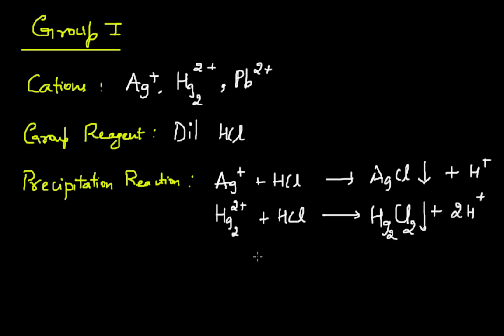So again, this is also your white precipitate, and so is with Pb2 plus, lead 2 plus with 2Cl minus, you get PbCl2. So the reason is, why do only these get precipitated?